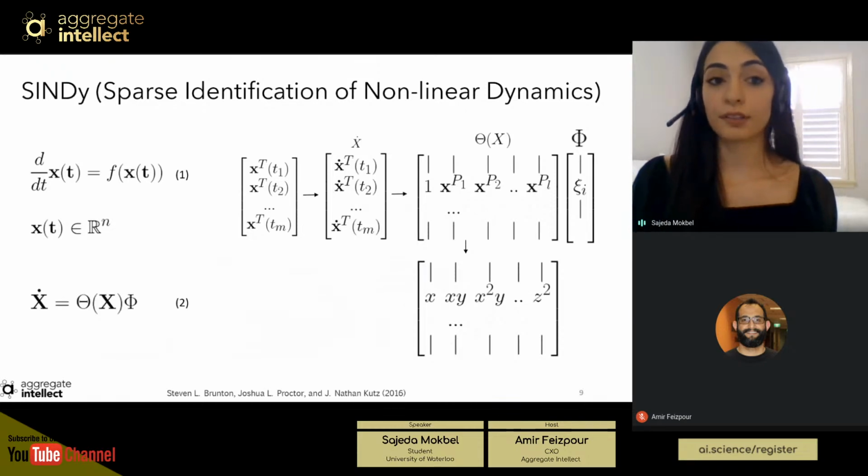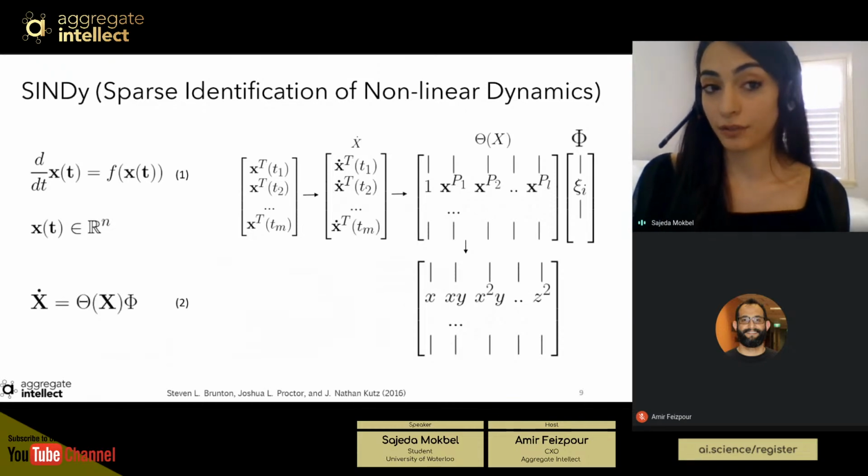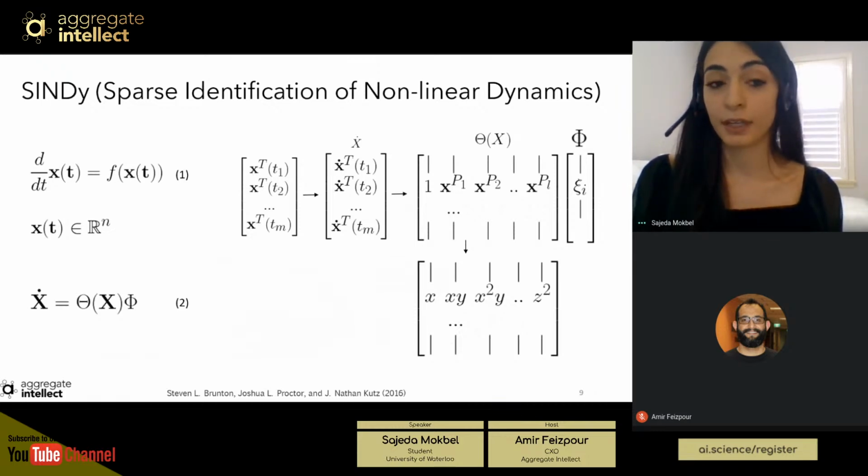And so this is a more mathematical representation of what I just said. So looking at equation 1, we want to be able to find f that describes the system. And we want to do that through equation 2, where theta is the library of possible functions it can be, times a sparse representation of it to derive these equations that can represent it.